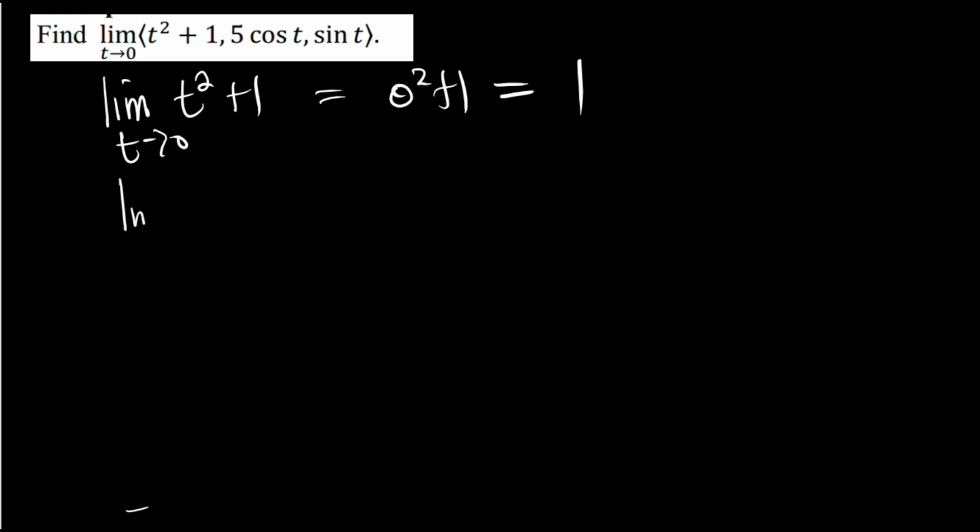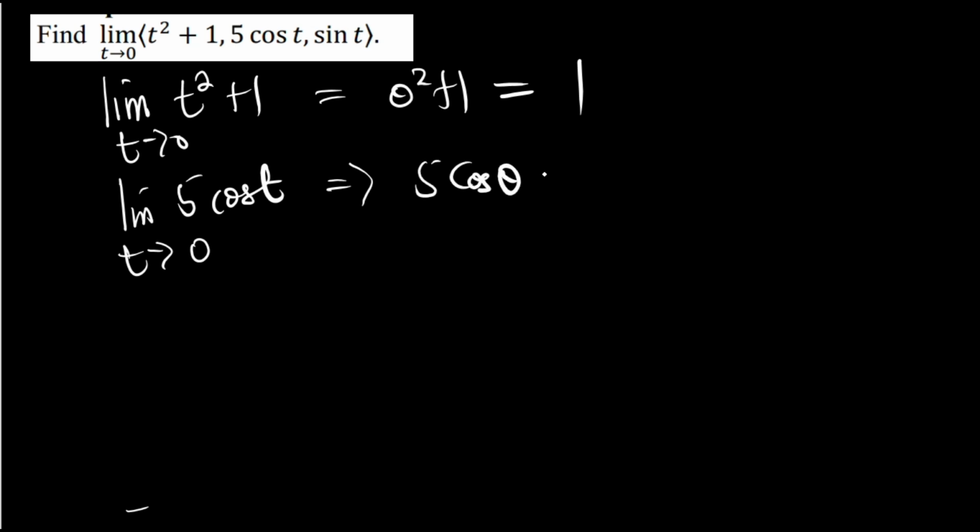Then lim 5 cos t as t approaches 0 will be 5 cos 0. And since cos 0 is 1, this limit will evaluate to 5.